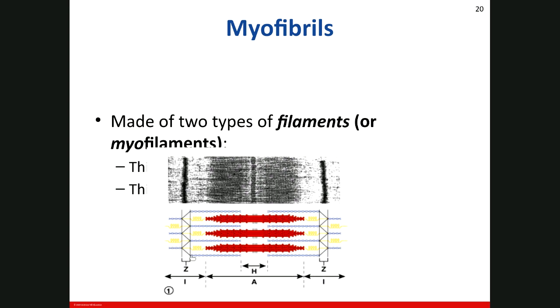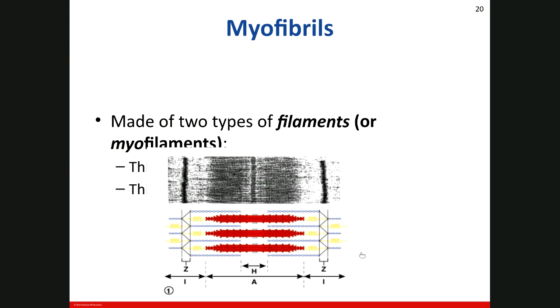In some parts, our actin and myosin overlap each other. Then you can see two lines here. These two lines, which separate the first sarcomere from the neighboring sarcomere, are called the Z-line or Z-disc.